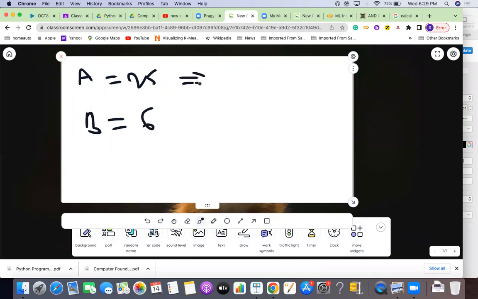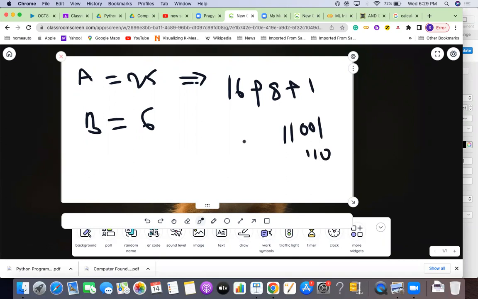Now, what is the conversion here? How should I convert? 25: 16 plus 8 is 24, correct? Plus 1. So 1, 8 is 001, 16 is this one, correct? So what is 6? 6 is 110.